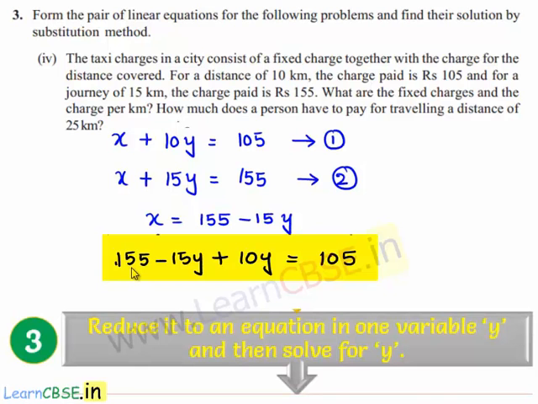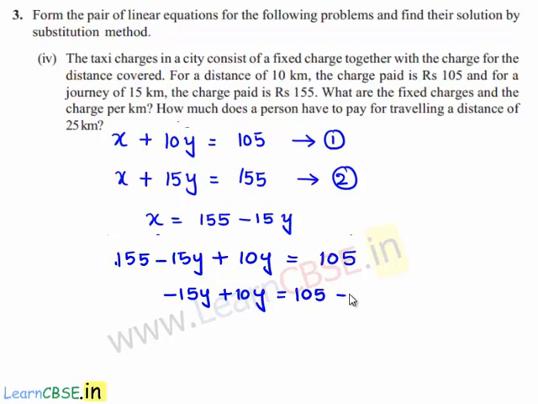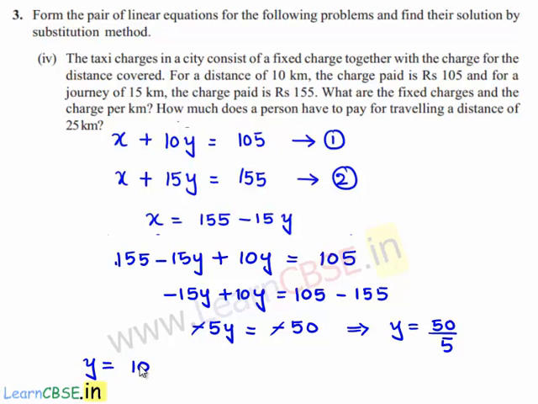So transpose 155 to right hand side. We get minus 15y plus 10y is equal to 105 minus 155. Minus 15y plus 10y is nothing but minus 5y. 105 minus 155 is minus 50. Minus and minus will be cancelled on both sides. We get y is equal to 50 divided by 5, which is nothing but y is equal to 10.